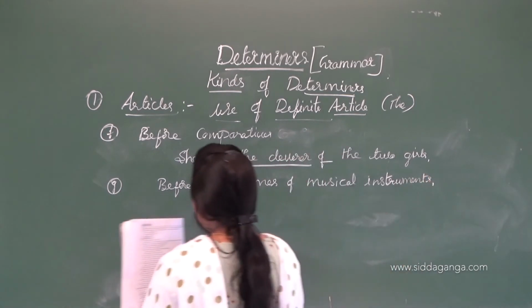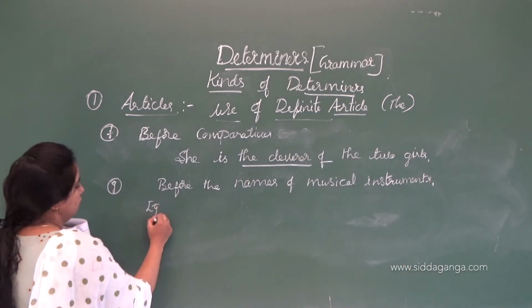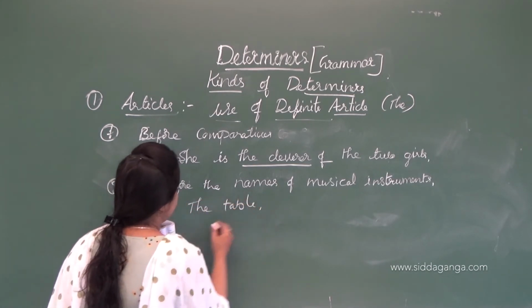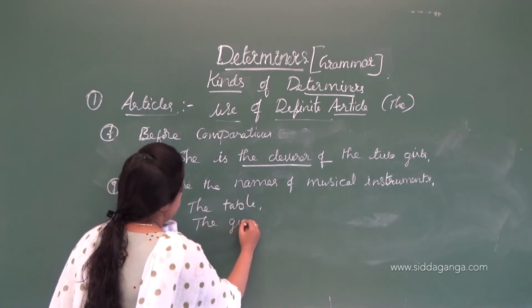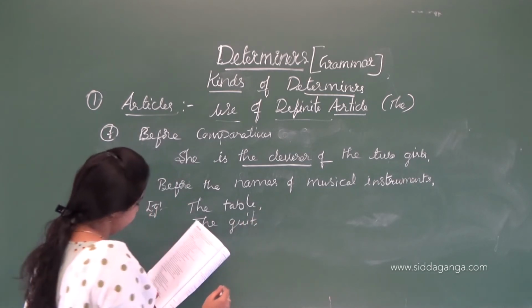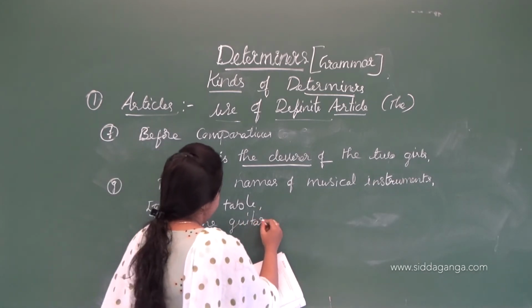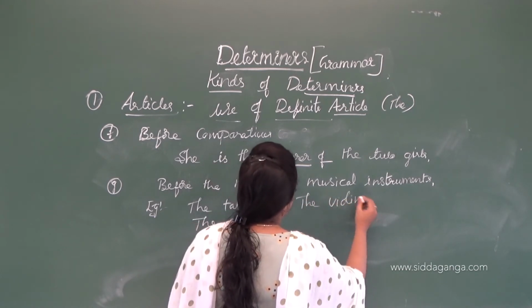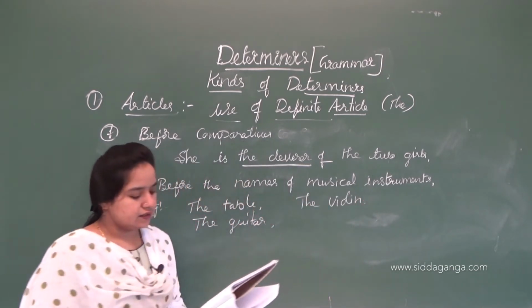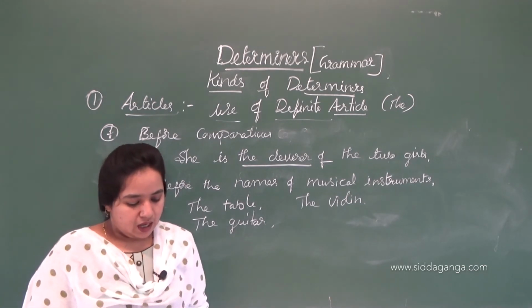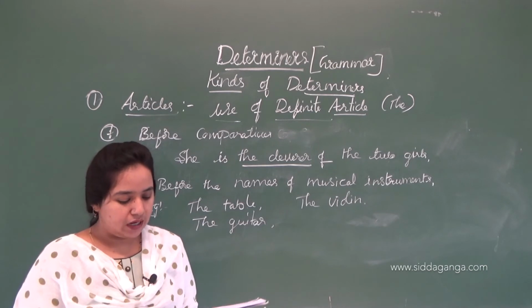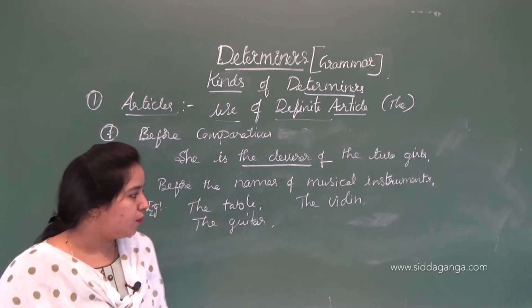Instruments like the tabla, the guitar, the violin, the harmonium.